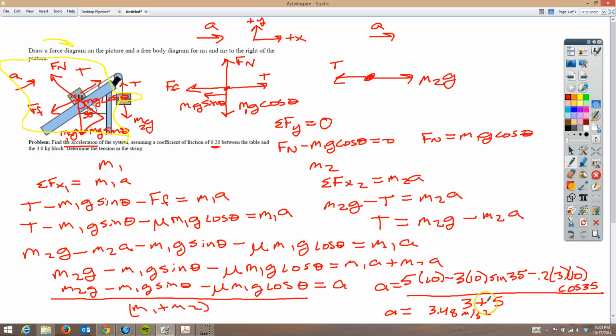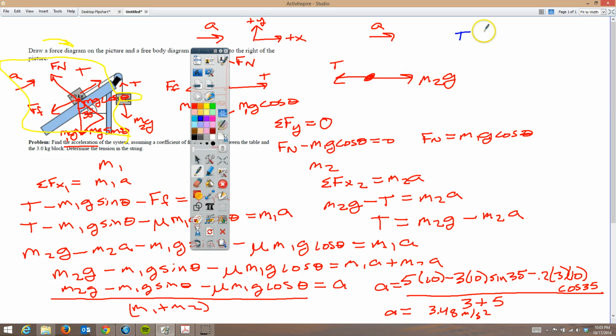So there's your acceleration. Now the next thing you want to know is what is the tension? Let's look at the two equations we have for tension. We've got this great big equation here, which we don't want to use. Let's use this one. So let's change this to blue. We're going to use this equation. T is equal to m2g minus m2a.